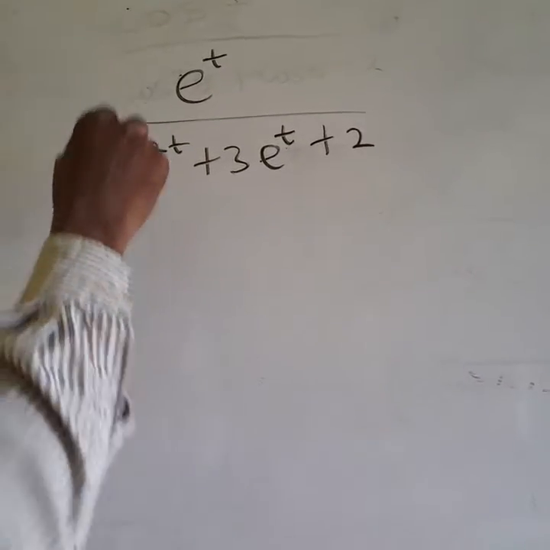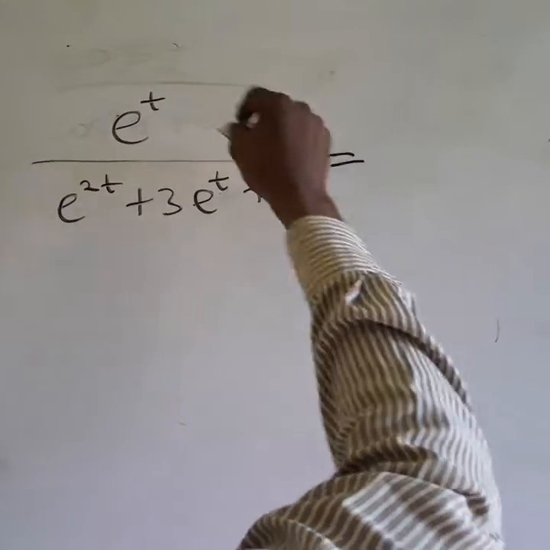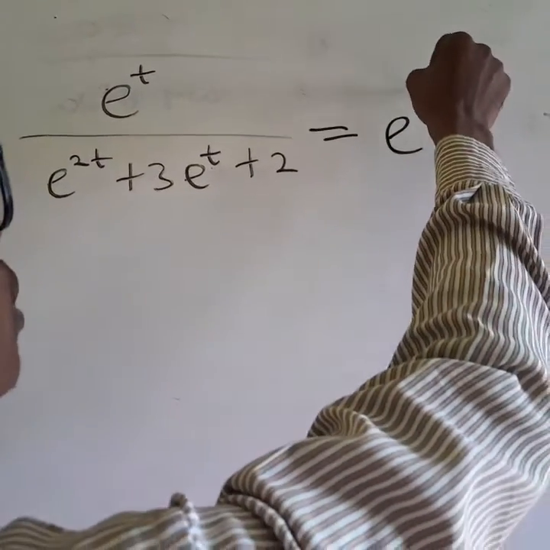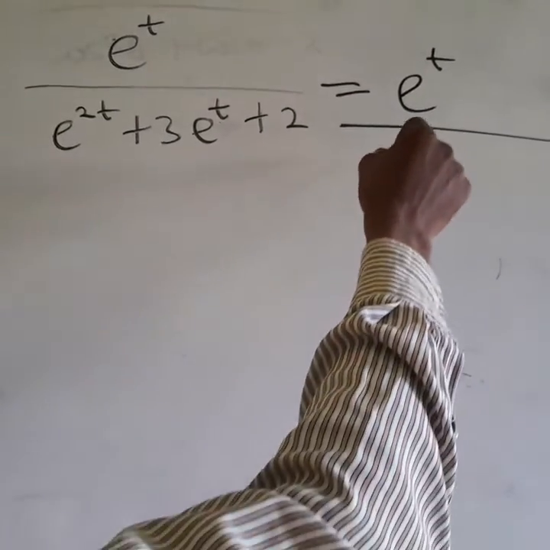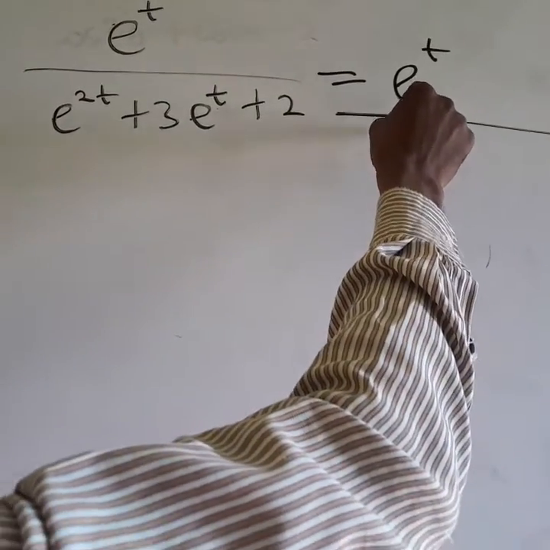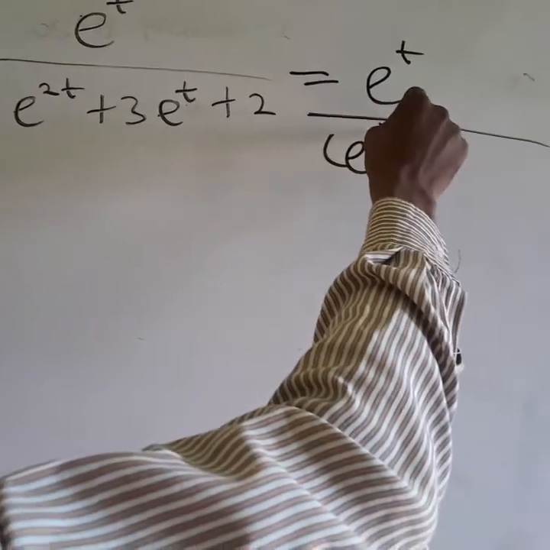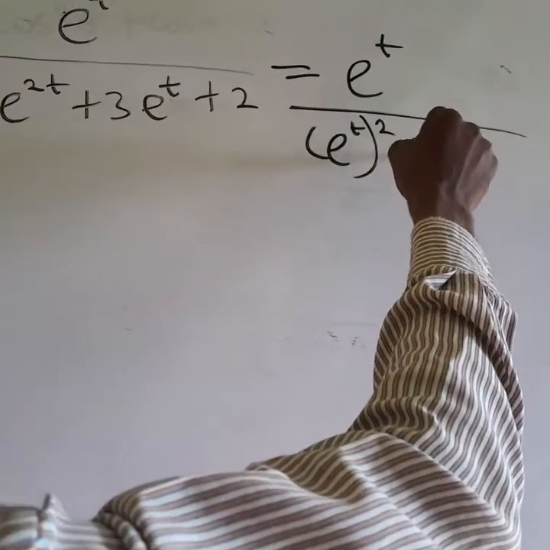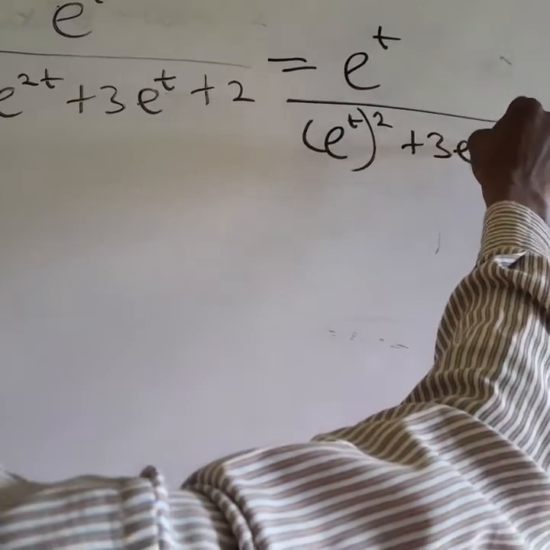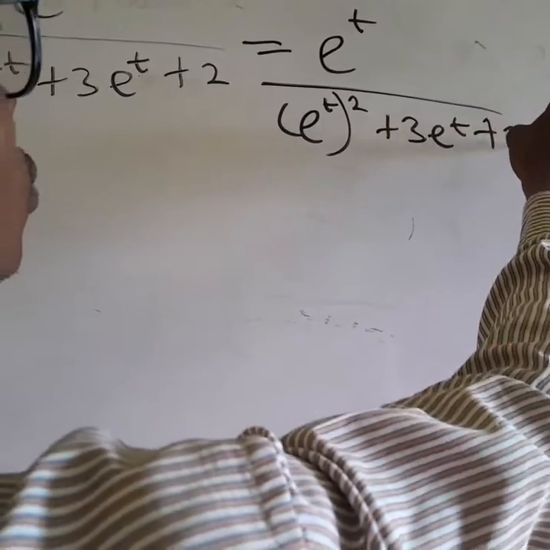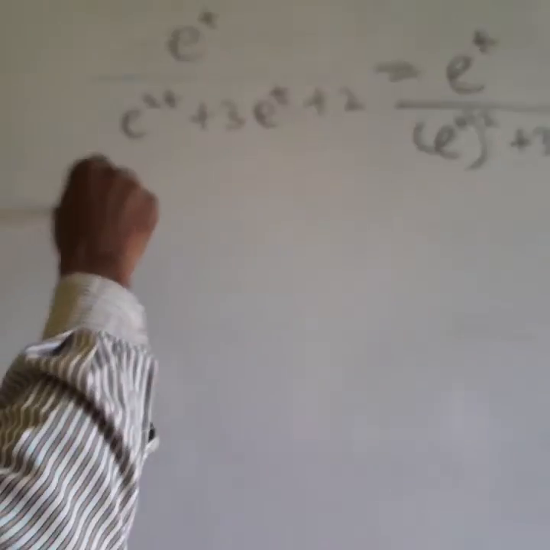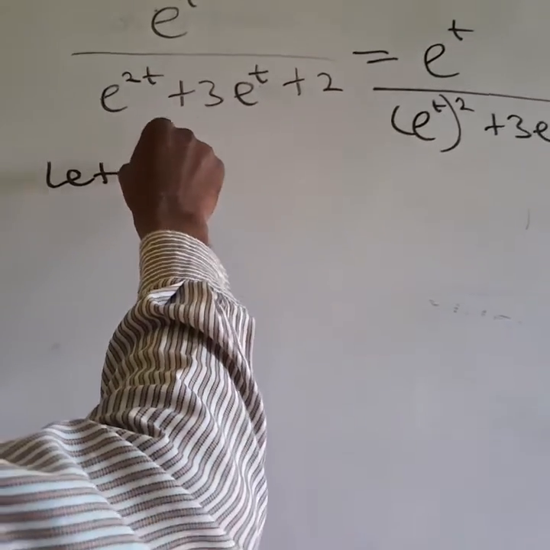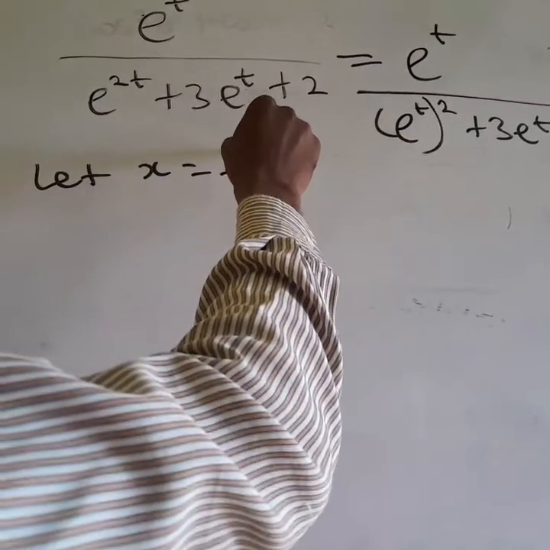First of all, we have to simplify this to exponential t all divided by exponential t all raised to the power of 2, plus 3 exponential t, plus 2. So here we can let x be equal to exponential t.